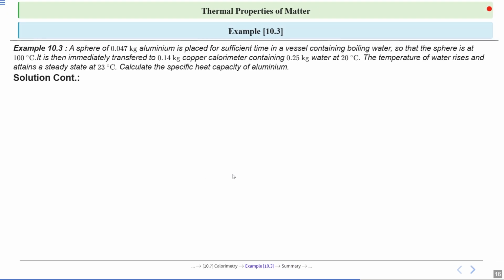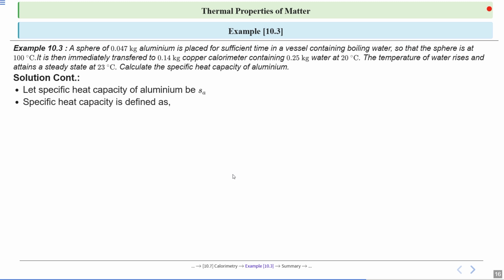So let the specific heat capacity of aluminum be Sa. Specific heat capacity is defined as the amount of heat, that is delta Q divided by delta T, times 1/m. We already discussed this in the previous slide.